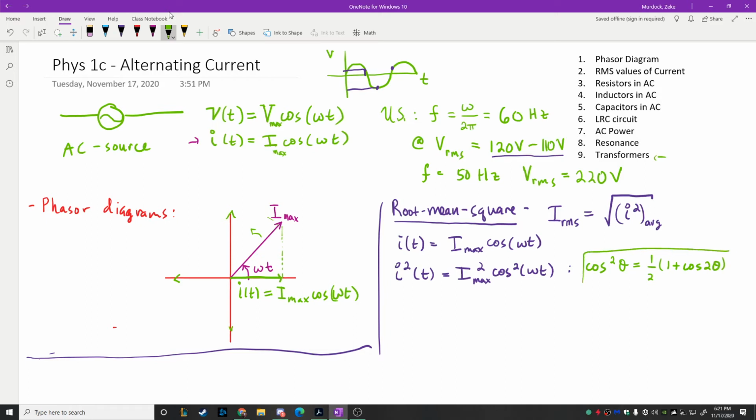So if we use this identity on our function over here to the left, the whole thing's multiplied by Imax squared. So we're going to end up getting something like 1/2 Imax squared plus 1/2 Imax squared cosine squared of omega t.